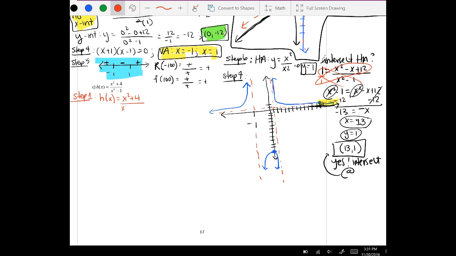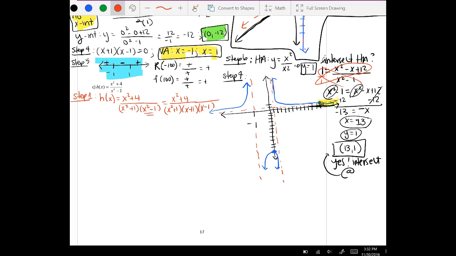On the bottom, I know it's the difference of 2 squares, so I can factor it into x squared plus 1, and then x squared minus 1. But crazy, right? I can factor some more. On the top again is not factorable, but this one is still a difference of 2 squares. So I can factor that. So it's going to be an x plus 1 times an x minus 1.